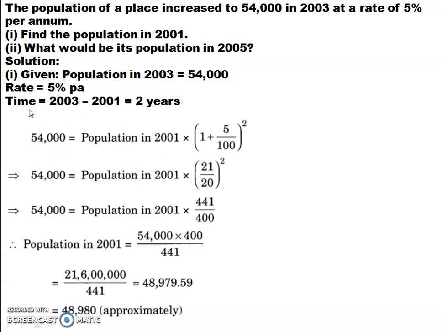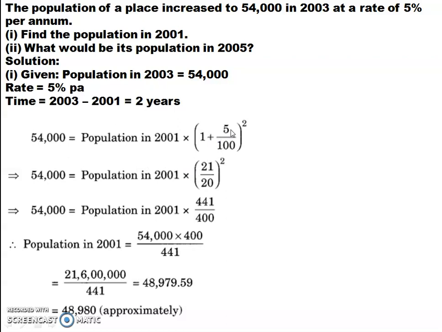You have amount 54,000 and population P is unknown to you, R is 5% and number of years is 2. Now 54,000 is equal to population in 2001, because population in 2001 is unknown to you.